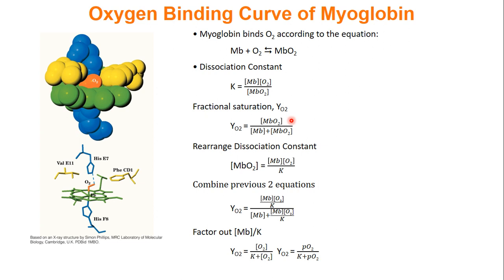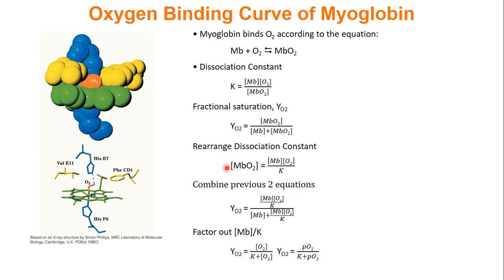And so our equation for this is bound myoglobin divided by the total amount of myoglobin, that is free myoglobin plus bound myoglobin.